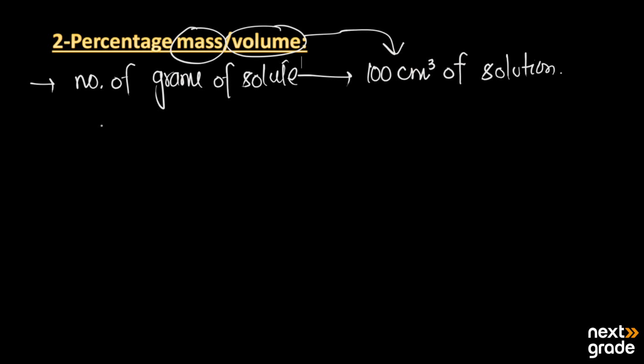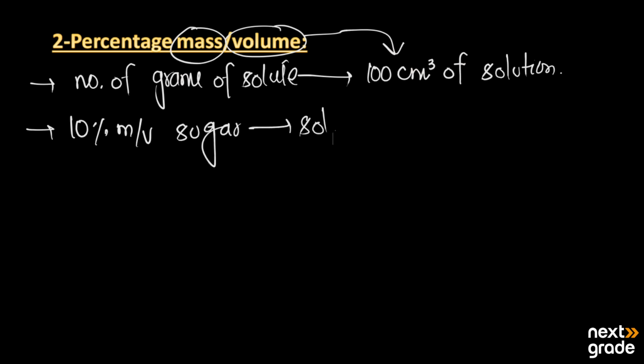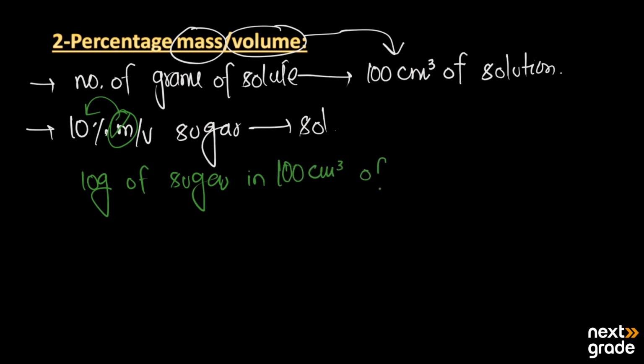For example, if a solution has 10% mass by volume sugar, it means that this solution has 10 grams of sugar dissolved in 100 centimeter cube of solution, or we can say that if we have solvent, then it must be 90 centimeter cube, and the total will be 100 centimeter cube.